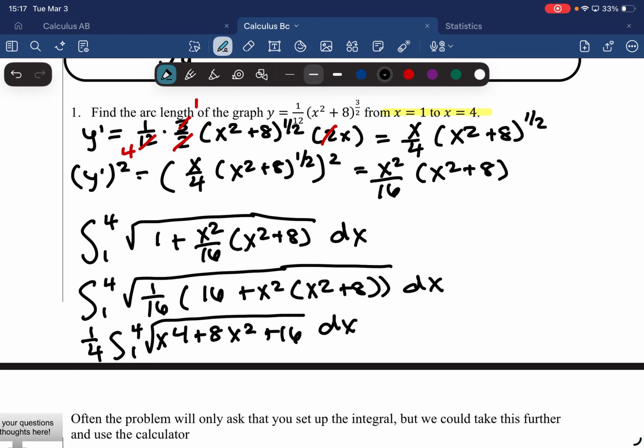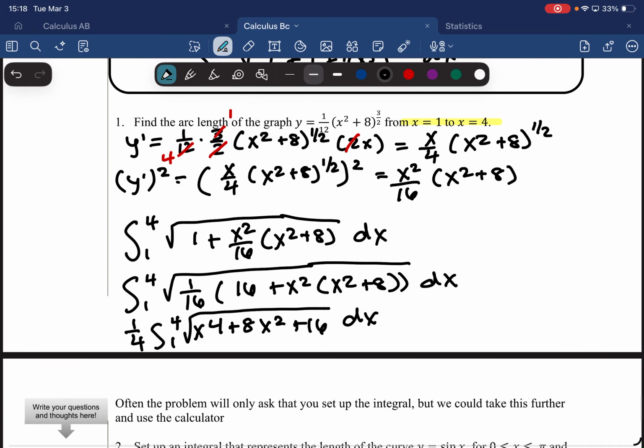Okay, so far it's getting easier and easier. Slowly we're getting to a point where we're going to be able to integrate. The next thing I want to do is try to get rid of that square root. Well, if I look at x to the 4th plus 8x squared plus 16, I notice that this is a perfect square, because we all know our algebra, right?